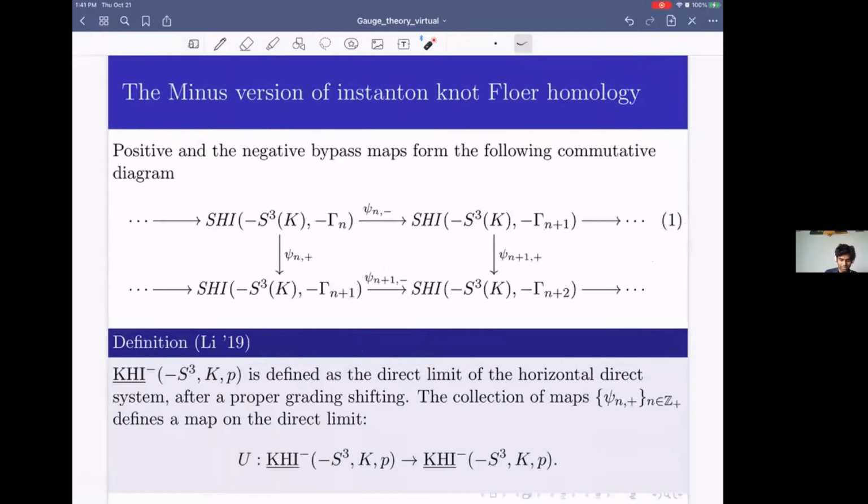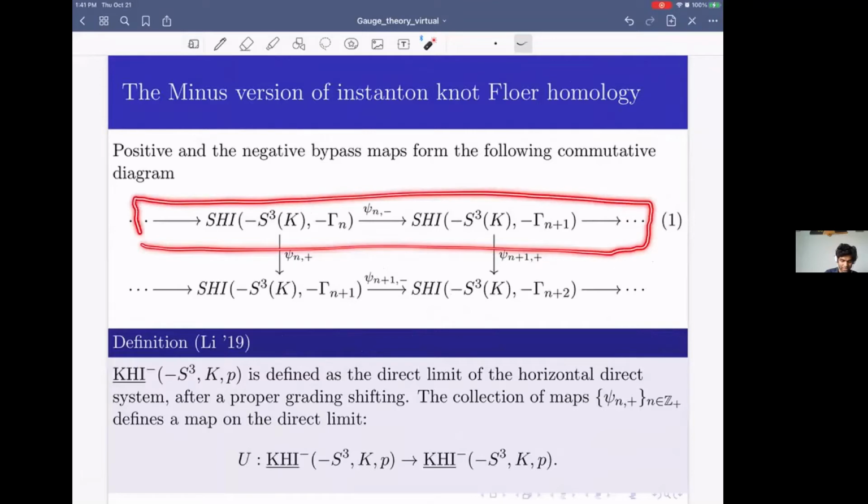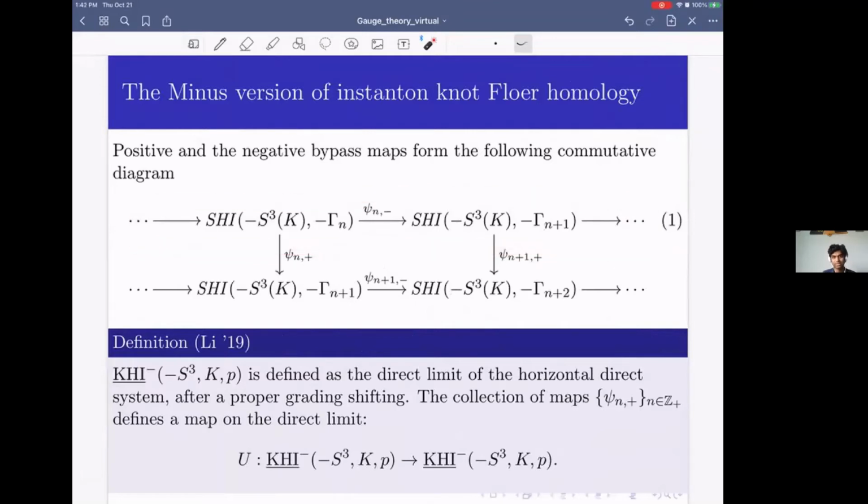Previously, on the Heegaard Floer side, we said that by the work of Etnyre, Vela-Vick, and Zarev, the direct limit of this horizontal system is exactly the minus version. We also have these commutative diagrams that the plus bypass map and the minus bypass map form. What this means is that this plus map now induces some well-defined action on the direct limit, and that is what he calls the U action.